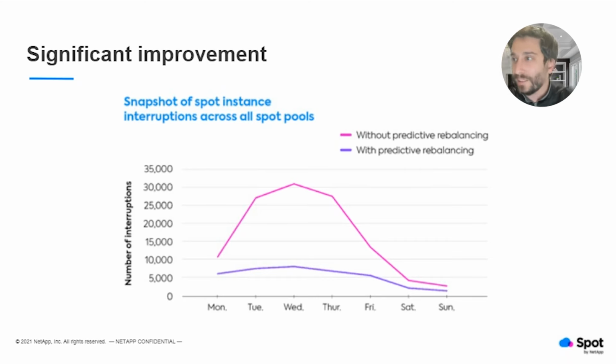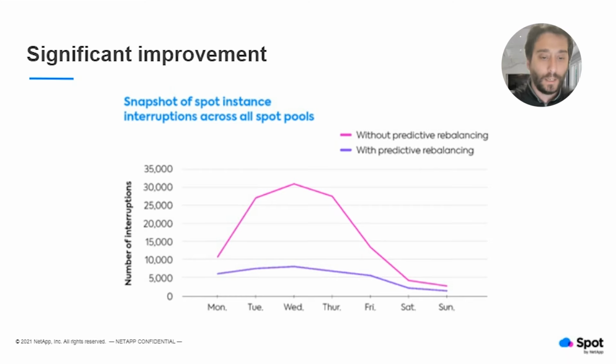That makes sense because there's not a lot of demand. But if we look at the peak hours or business days, you can see that without predictive rebalancing there are many more interruptions than with predictive rebalancing. So predictive rebalancing really reduced the number of interruptions when running with Elastigroup.